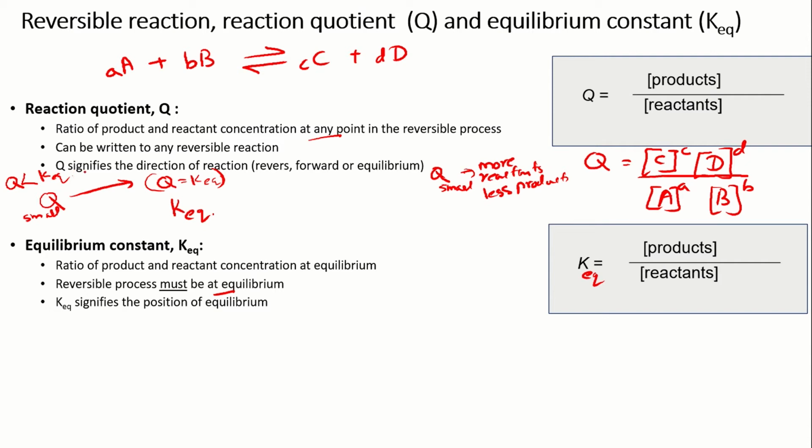So a smaller q value signifies the system favors the forward reaction. On the other hand, let's say you have a large q, meaning your q is larger than KEQ.